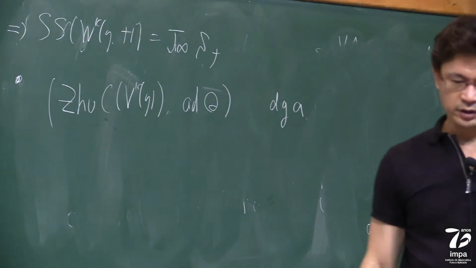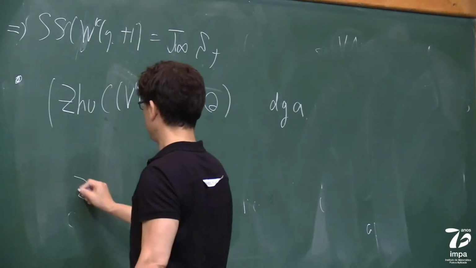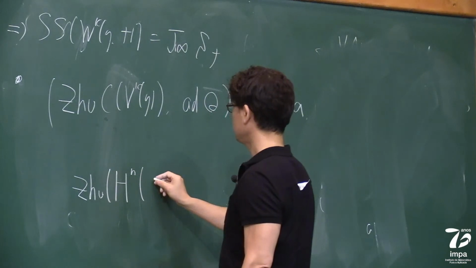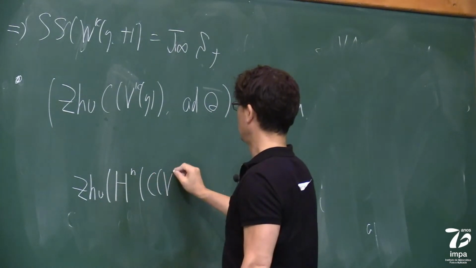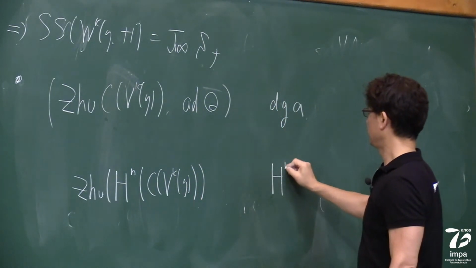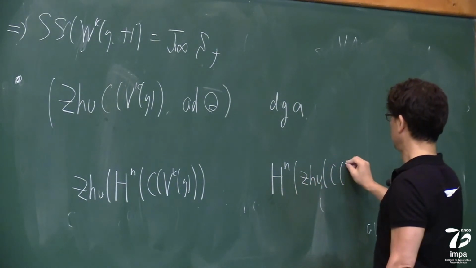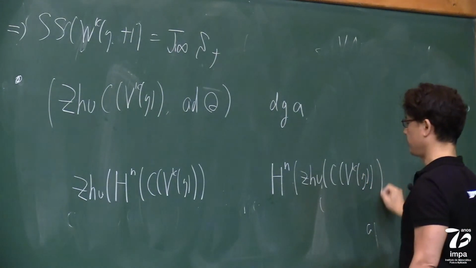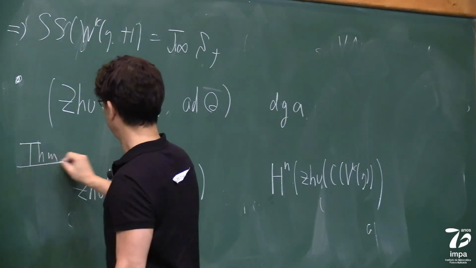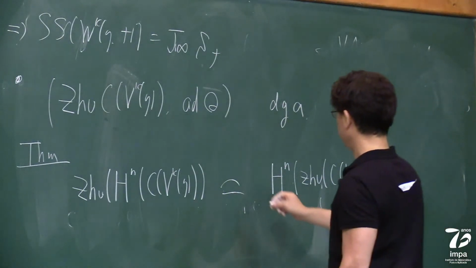And then you can ask again, if you take Zhu's algebra of cohomology, or either you can take cohomology of Zhu's algebra, whether this is the same. And in fact, this is the same.